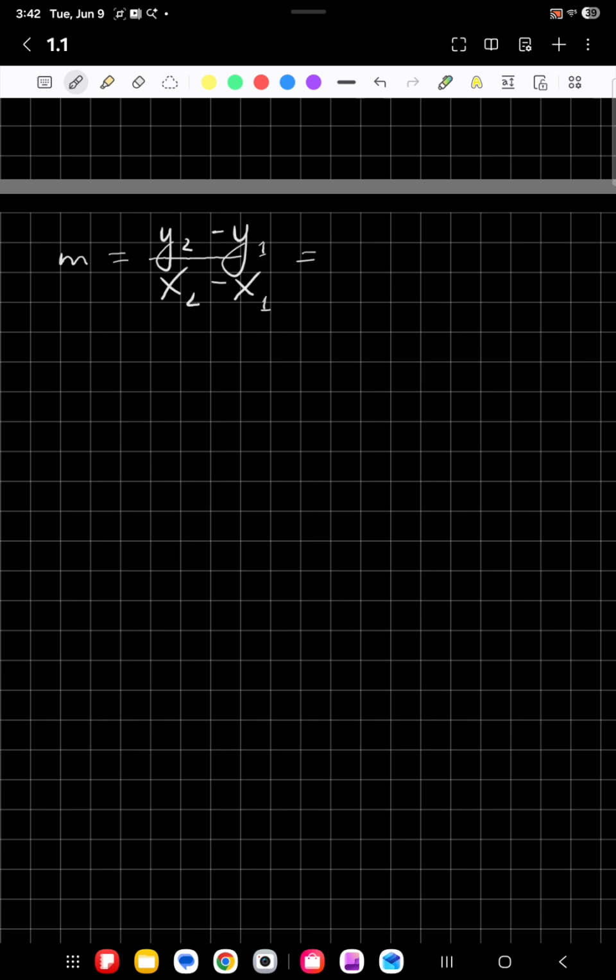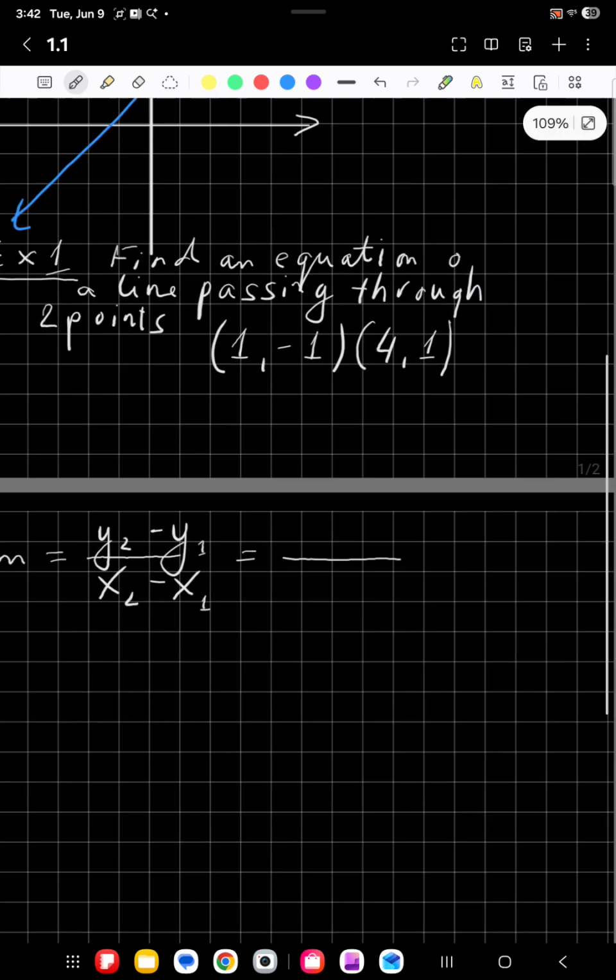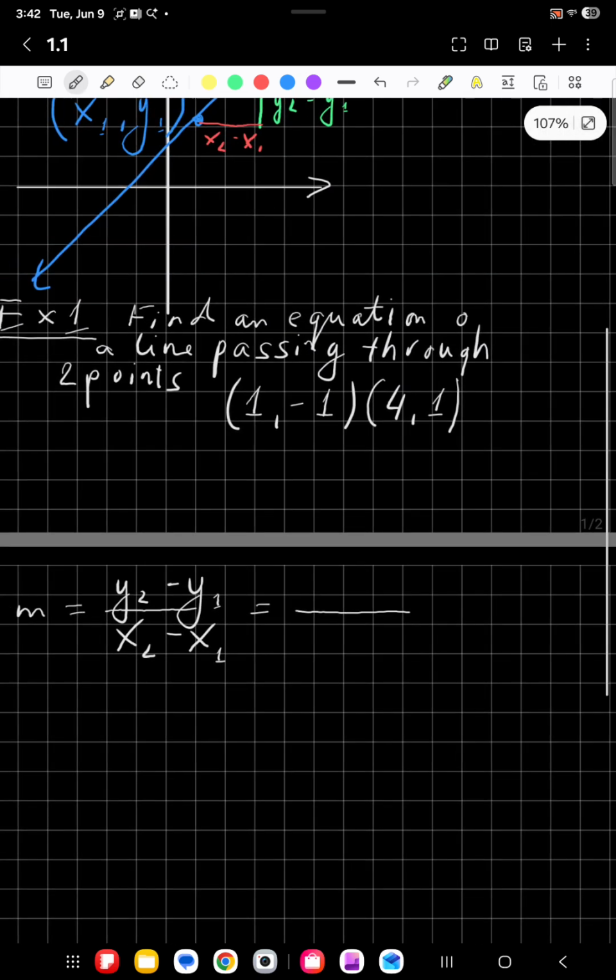It's always good to label those. So let's label this one x1, and then this is x2, and then for the y's, this will be y1 and y2.